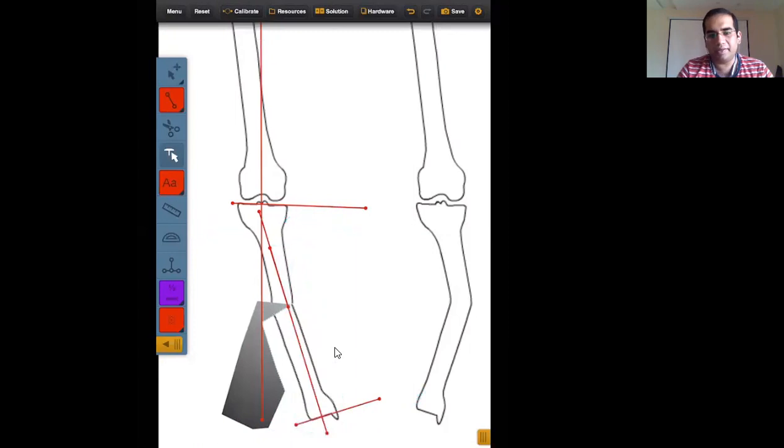We have corrected the shaft deformity, but now you can appreciate the degree of varus deformity. Now what we will do is a second osteotomy.